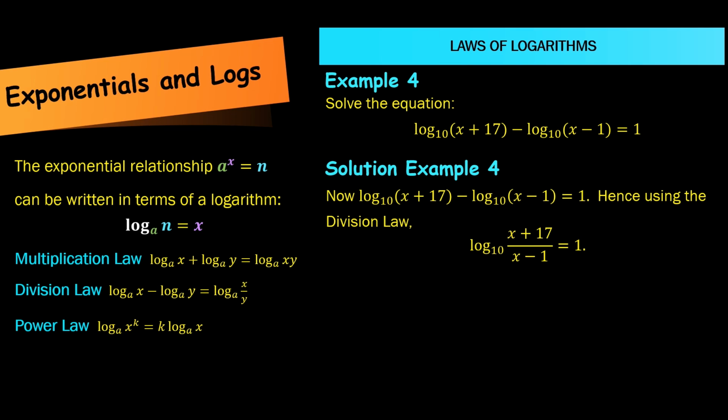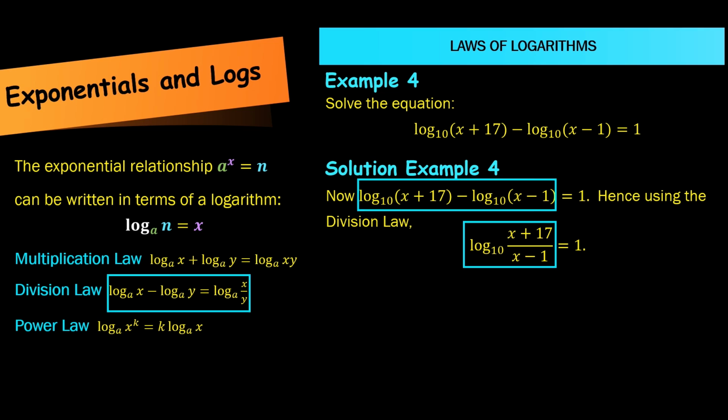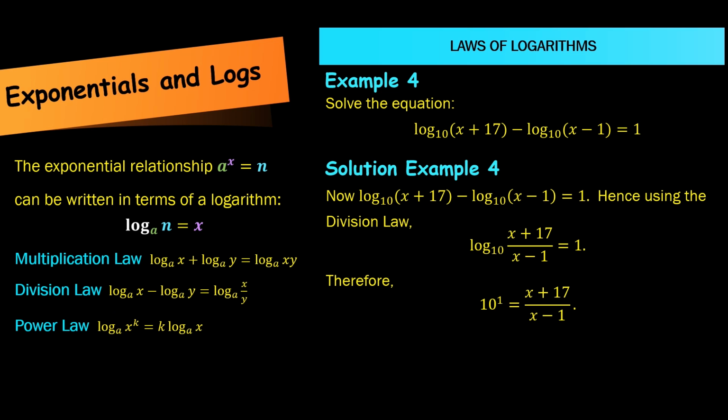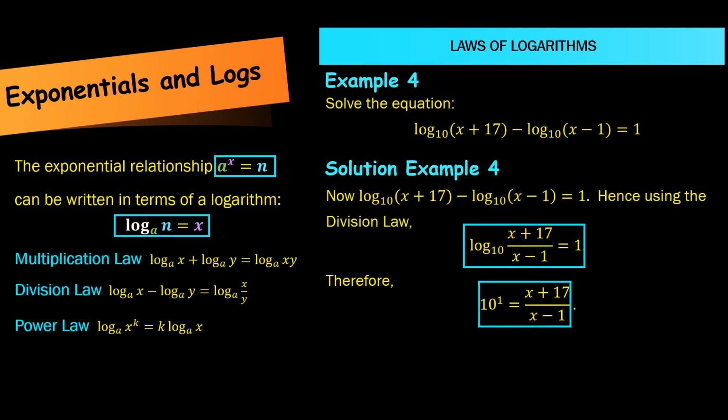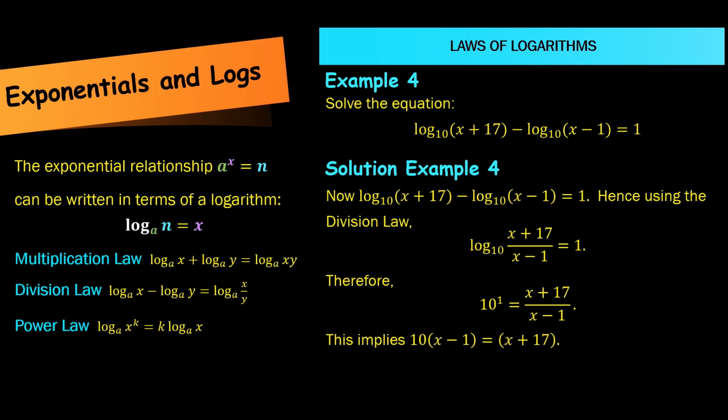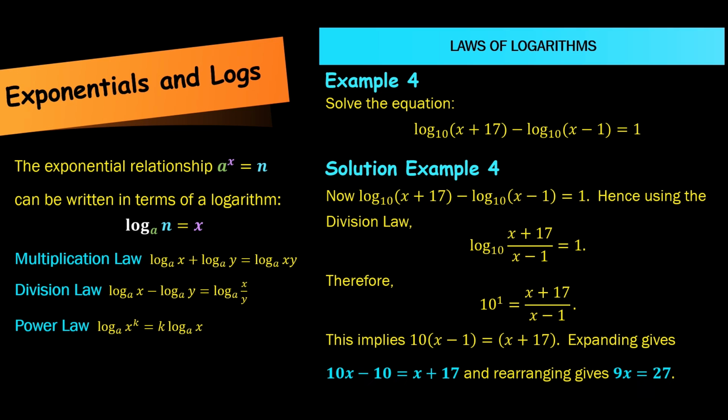We're going to begin by applying the division law, as shown here, and tidying up, or rather re-expressing in terms of powers, then multiplying out, and expanding, and finally rearranging and solving gives us x equals 3.